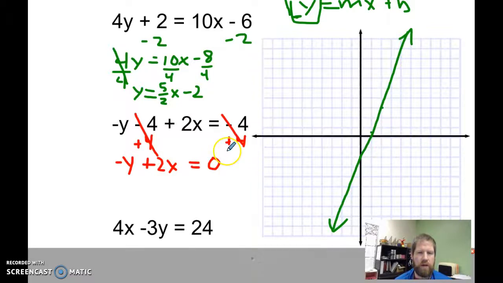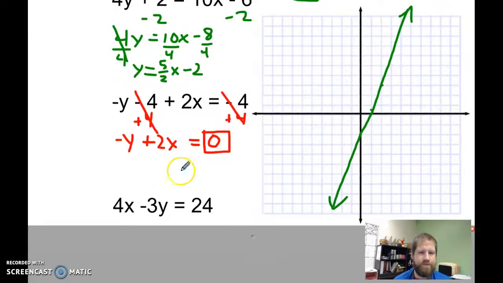Hopefully from the last lesson on direct variation, you can recognize that right now this is going to be a direct variation equation, because I've got that 0, because my y-intercept is 0. But we can continue and put this into slope-intercept form, which even if it has the 0 there, basically is going to be a direct variation equation, but that's fine.